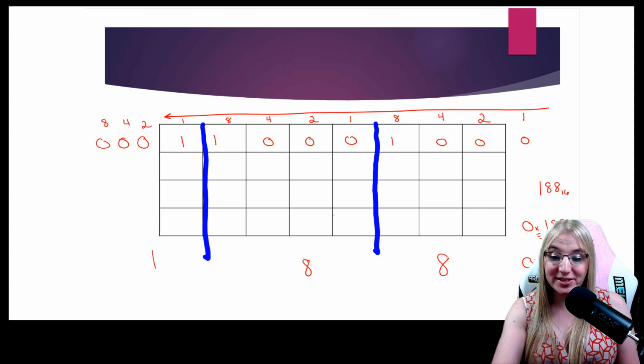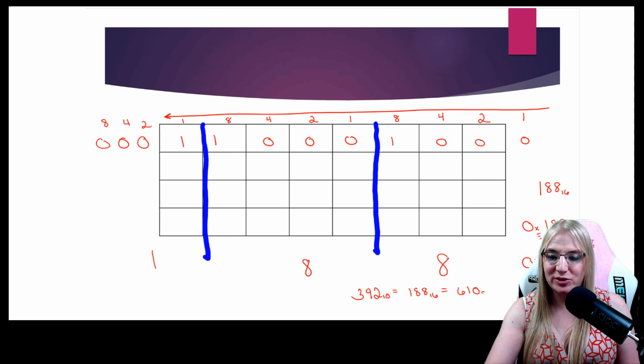So in this case, the value 392 in base 10 is equivalent to 188 in hex, which was, what did we have yesterday? I think it was 610 in octal.